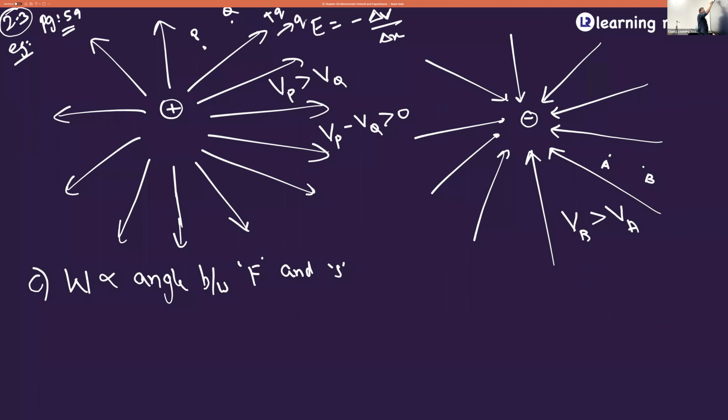It will be in the rightward direction, qE. But in which direction is the displacement? This direction, from Q to P. So force and displacement are in opposite directions. What will be the angle? It will be 180 degrees. Cos of 180 is going to generate a negative value. So the work done by the electrostatic field when the charge is moved from Q to P is going to be negative. Clear with this?